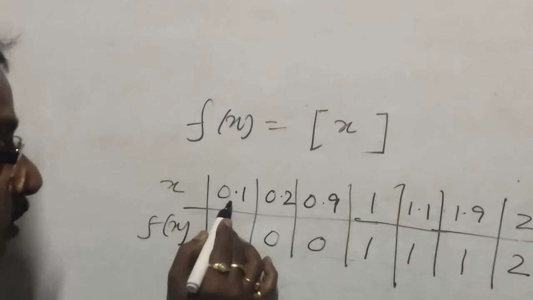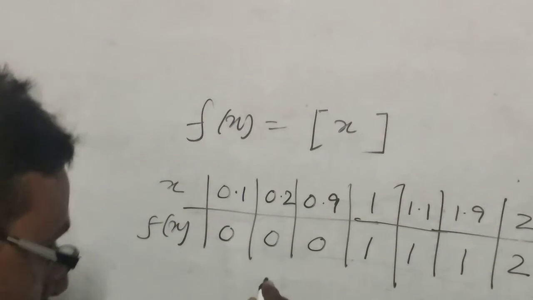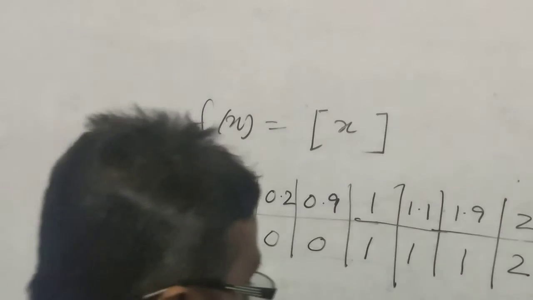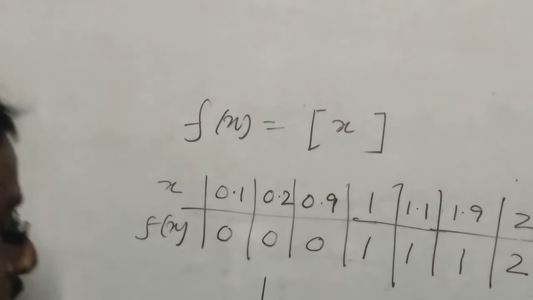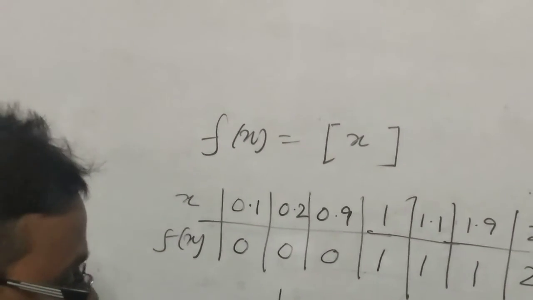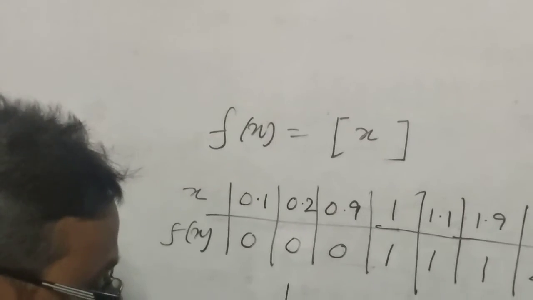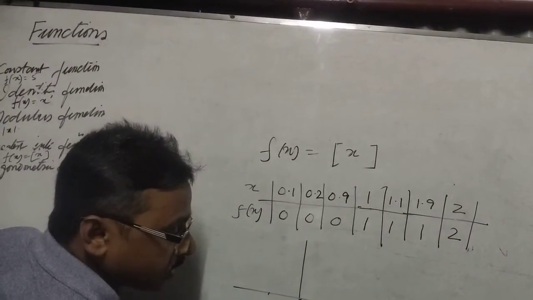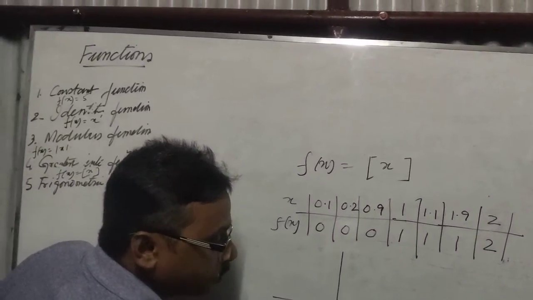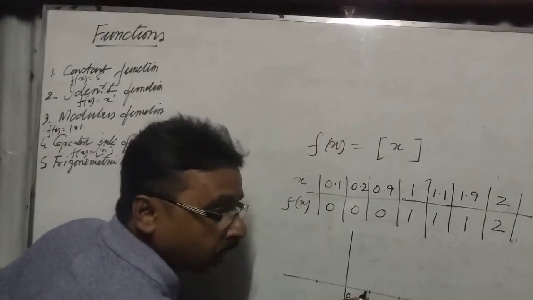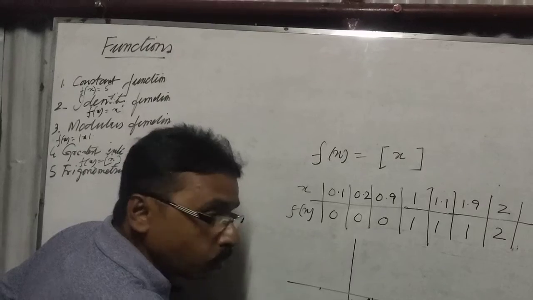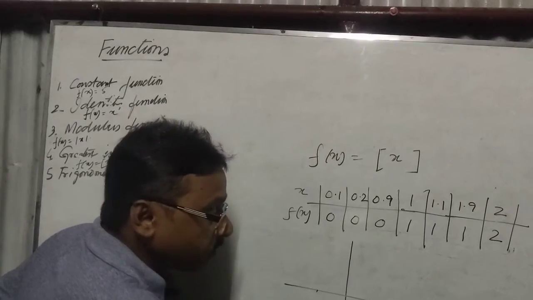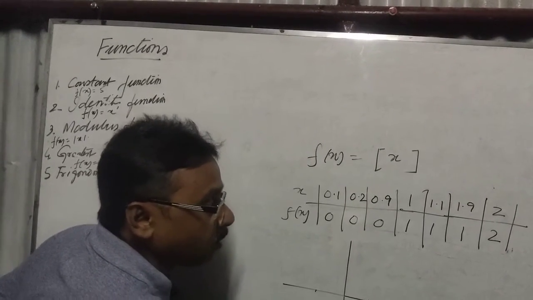I repeat, let me represent this on a graph, then it will be clear to you. Suppose I take x is 0.1, 0.2, 0.3, 0.4, 0.9, very close to 1 but less than 1, then these are all f(x) is 0.